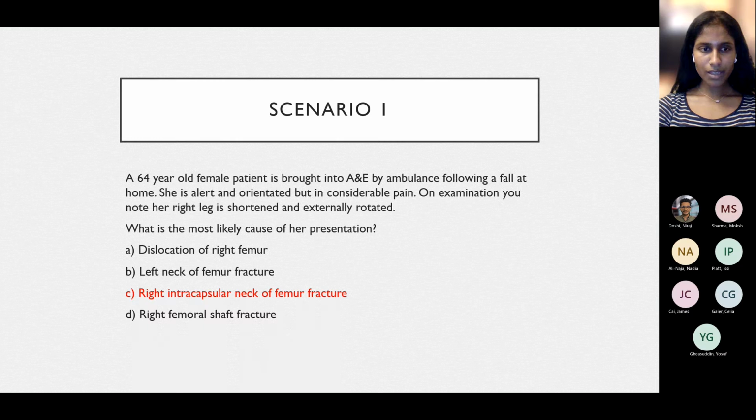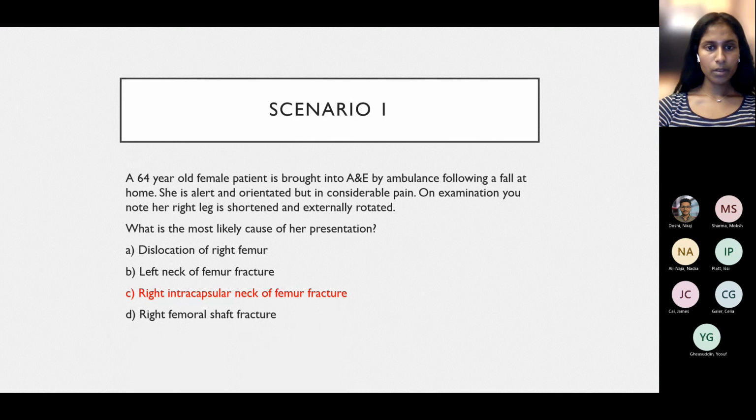So in terms of those of you that did say C, and perhaps those of you that said A that now may think it's C, what clues in this question actually point towards a right intracapsular neck of femur fracture? Externally rotated.